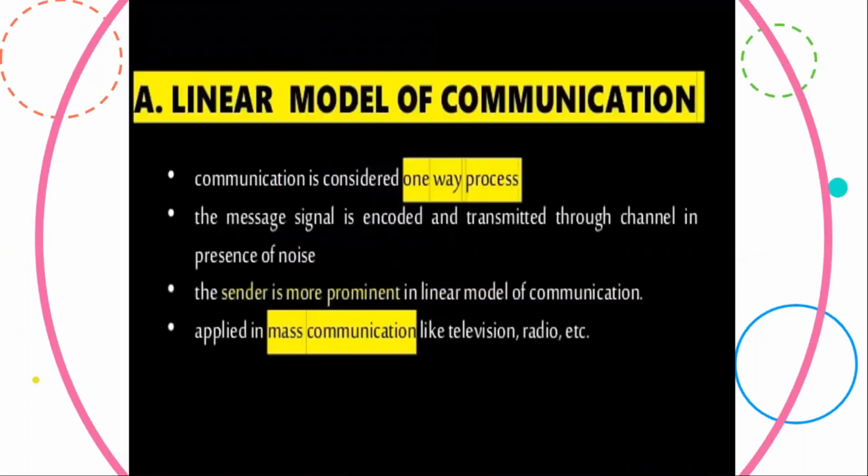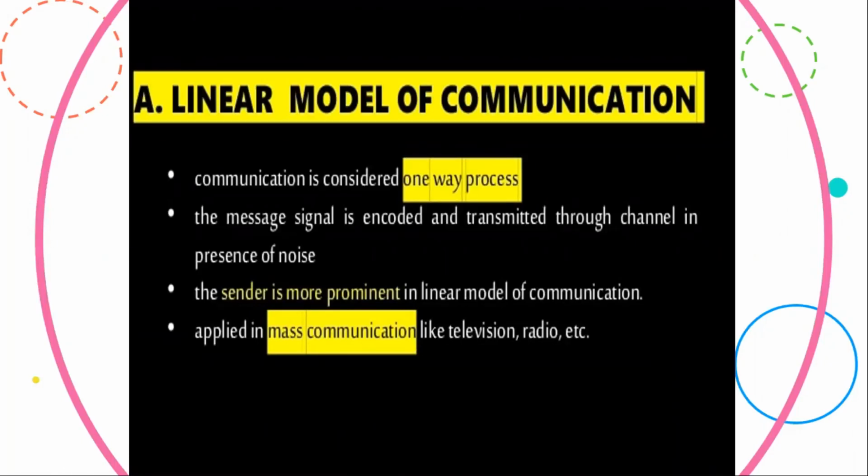Let's first discuss the linear model of communication. Communication is considered a one-way process. The message signal is encoded and transmitted through a channel and presence of noise. The sender is more prominent in the linear model of communication.